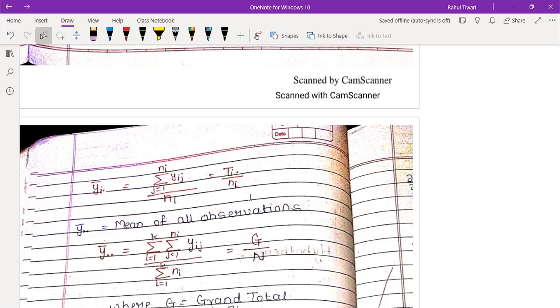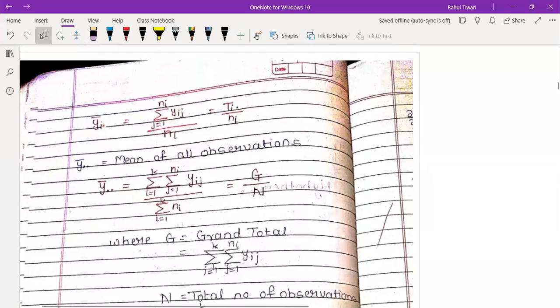That is very, very important. If I put i dot, that means ith treatment is applied, so it's the mean due to ith treatment. If nothing is there, that means it's a grand total, a mean of all observations. And when I say all observations, both summations will come: i will come, j will also come. Remember, i is running from 1 up to k because there are k treatments, and j is running from 1 up to ni.